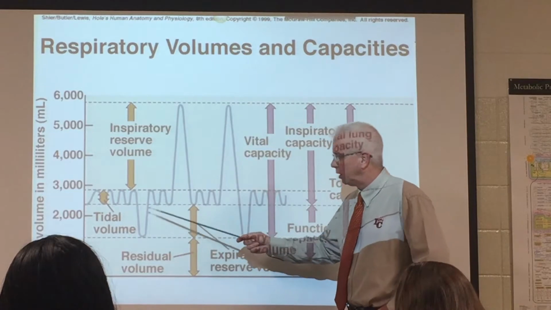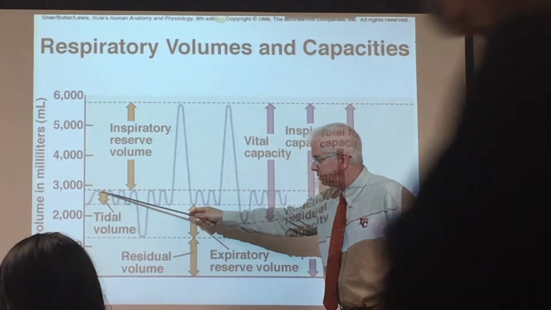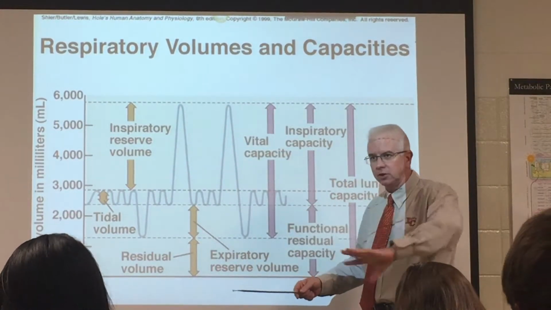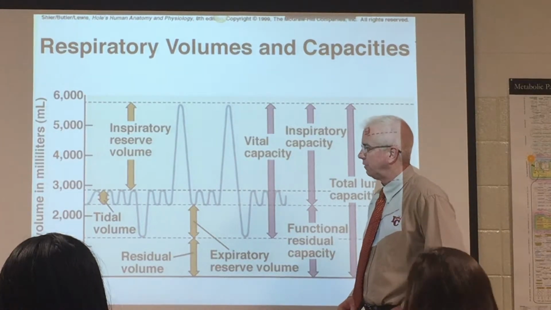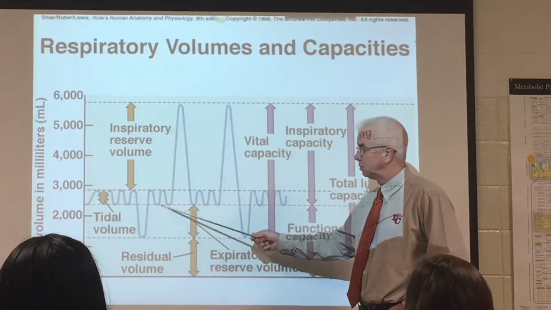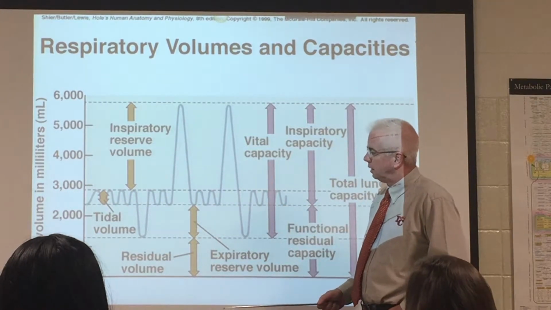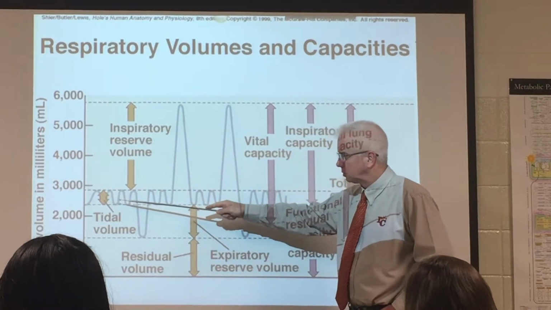Okay, so here they are. The first one is the tidal volume. And you can see something that should look familiar to you. This is what you guys were doing yesterday, measuring the inspiration, expiration, just by measuring the volume of the chest cavity. Now, you weren't measuring the specific volumes, but you're measuring the expansion of the thorax and the deflation. And so you can see that up and down, inspiration, expiration here.